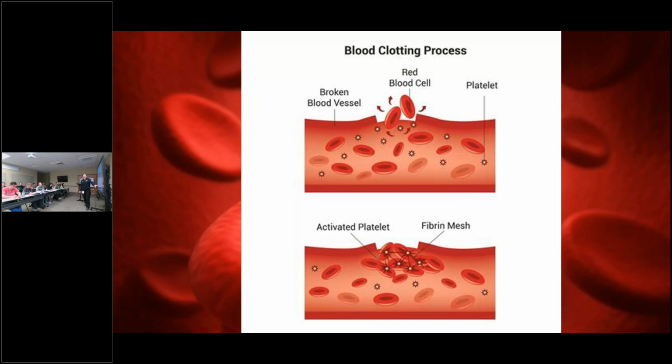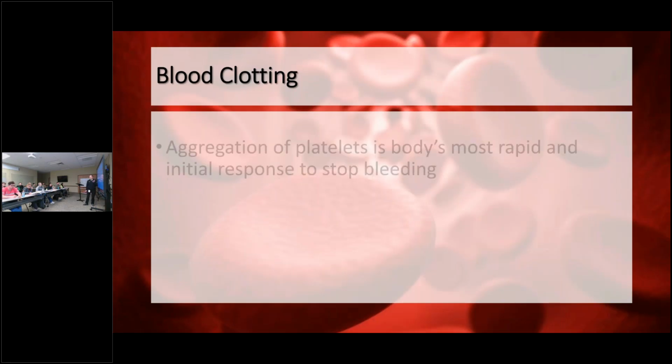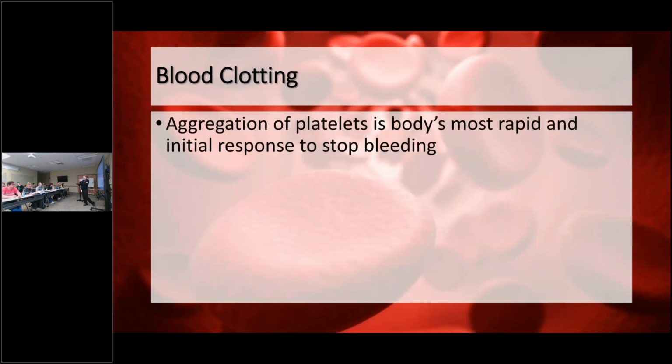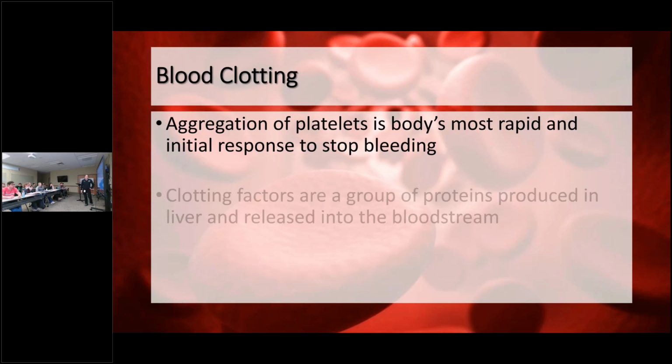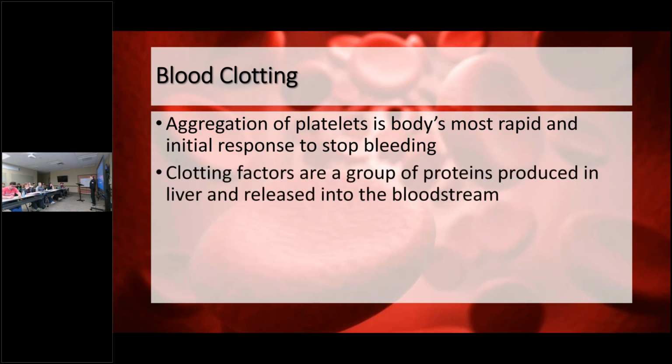So, little blood clot. So, aggregation, all our platelets are coming together. And it is our body's most rapid response to bleeding. So, that cut happens, and immediately our blood's like, all right, we got to stop this. And then our clotting factors are produced in our liver.